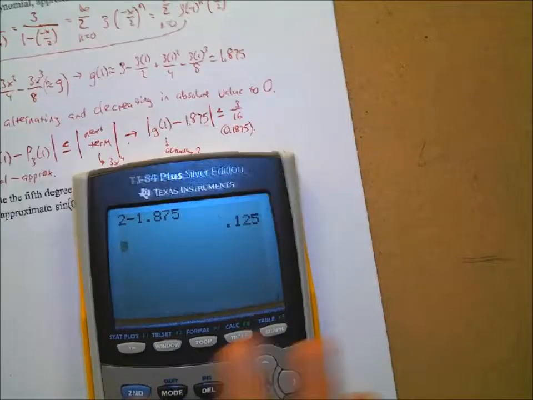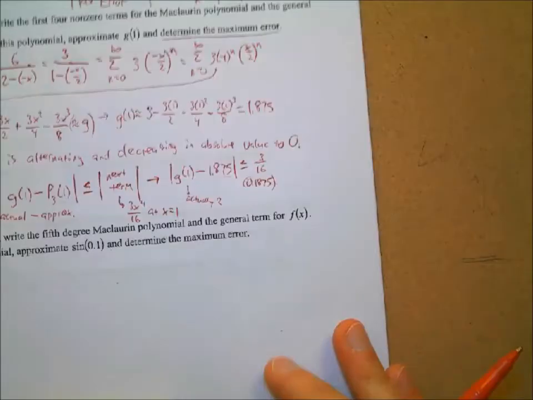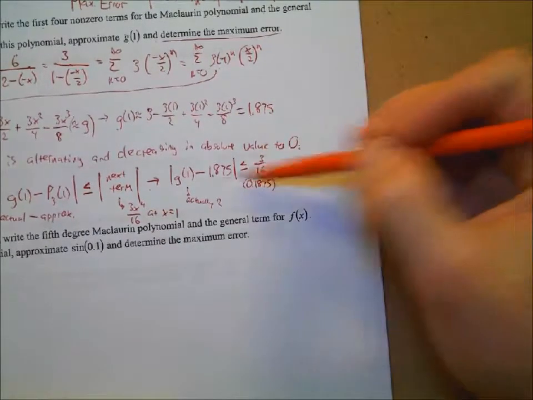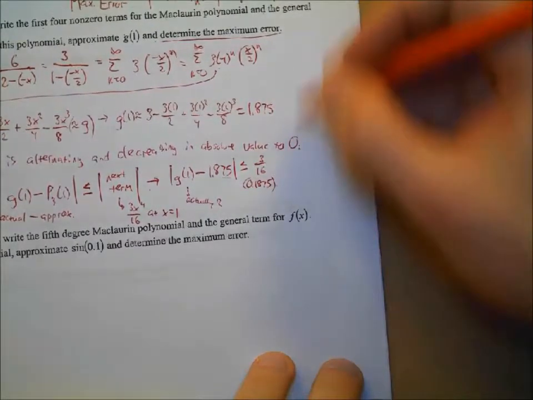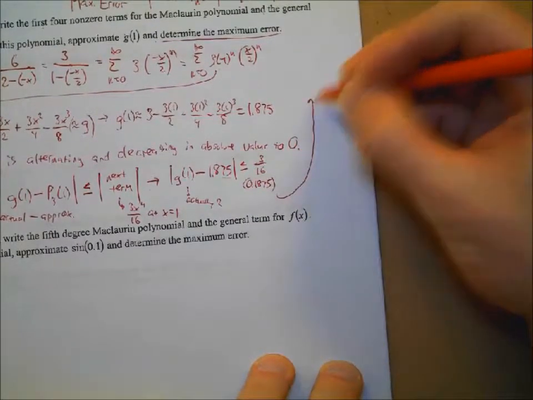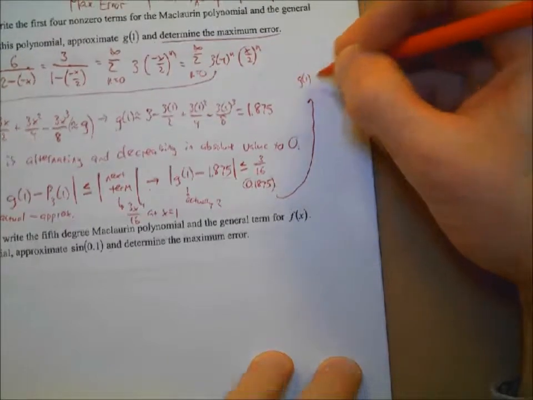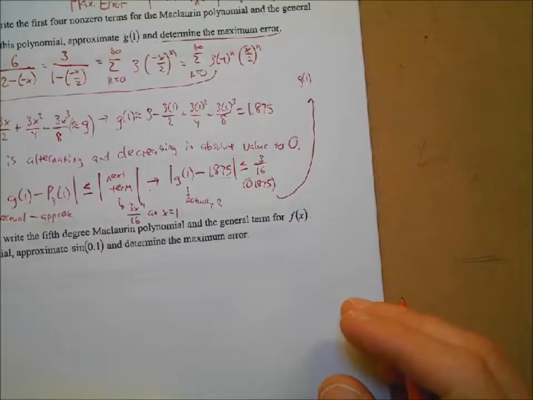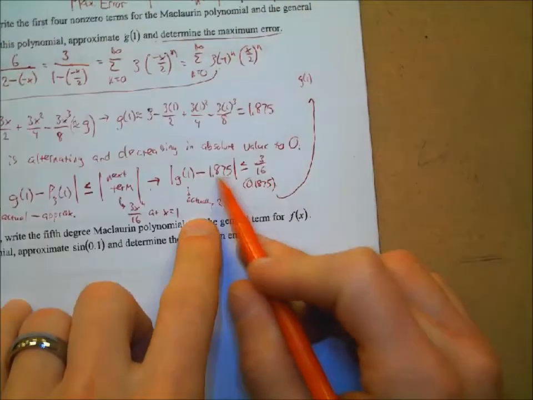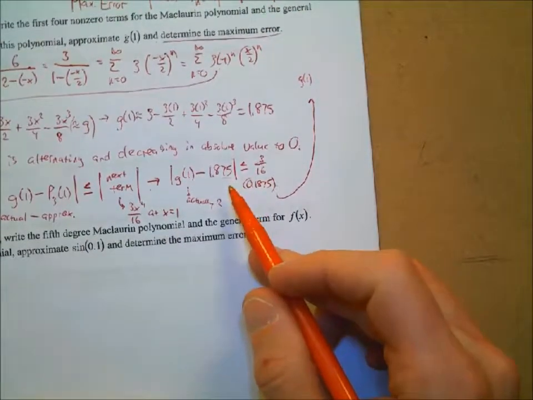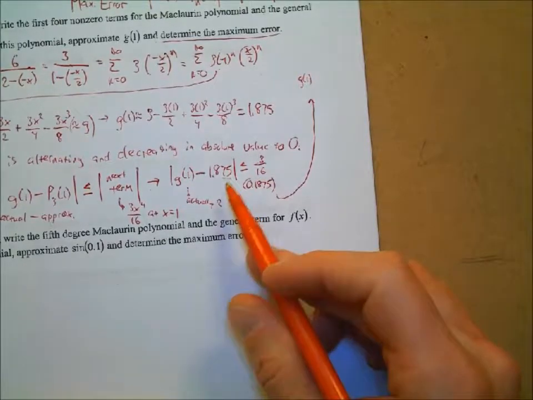And assuming we don't know g, we can say g of 1, I'm going to move it up here because I'm running out of space. G of 1, the actual value, since our maximum error is 3/16, we can go 3/16 above that estimate of 1.875, and 3/16 below it.